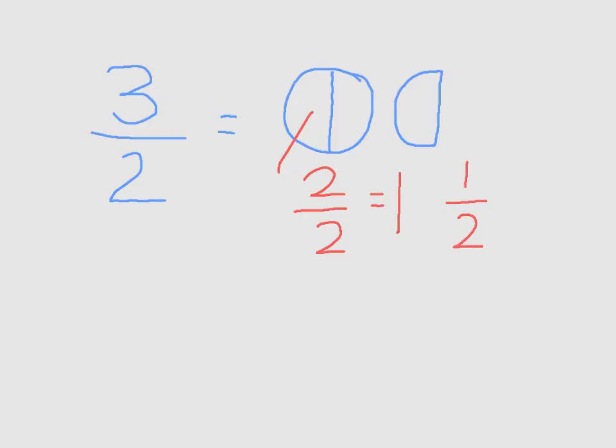So you can see that 3/2 is the same as 1 whole one and a half. So we can write this as a mixed number as 1 and 1/2.